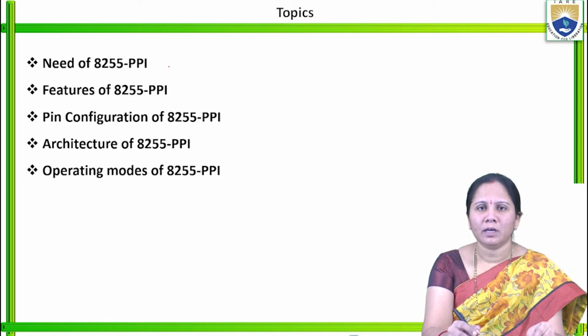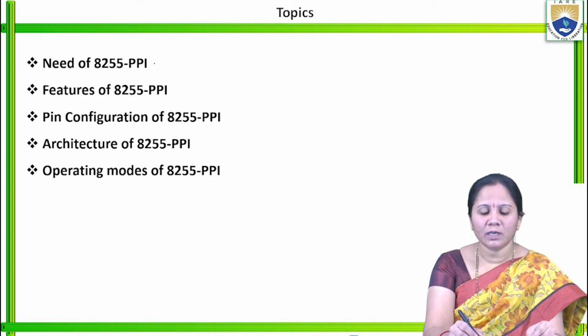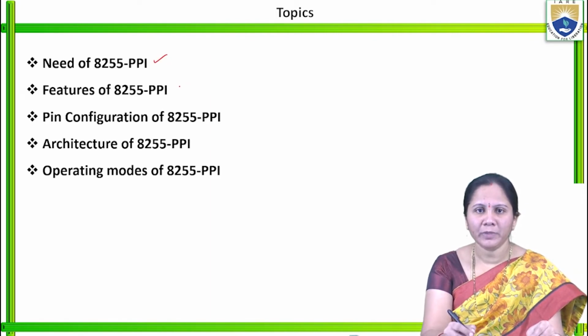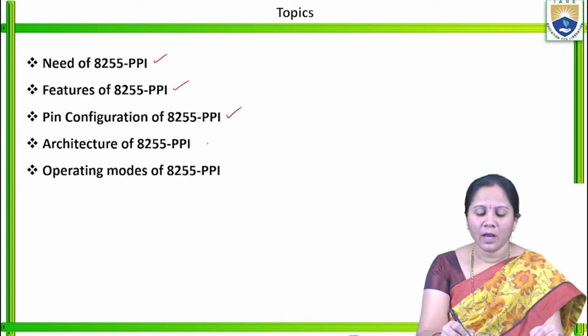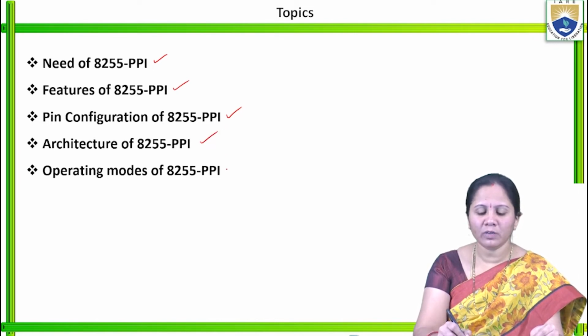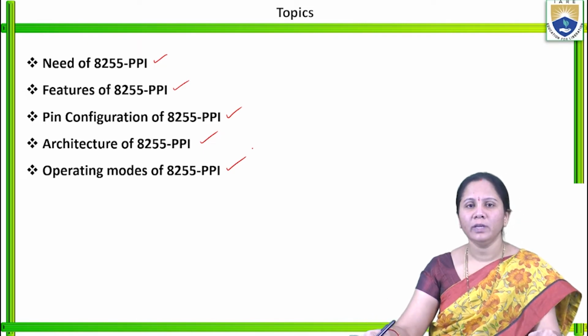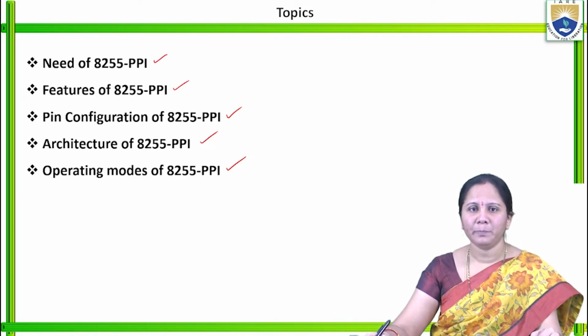We will cover topics like what is the need of the IC 8255, which is called PPI, and we will learn the different features of the 8255 IC, and we will see the pin configuration of 8255, the architecture of 8255, and then the different operating modes of 8255 PPI.